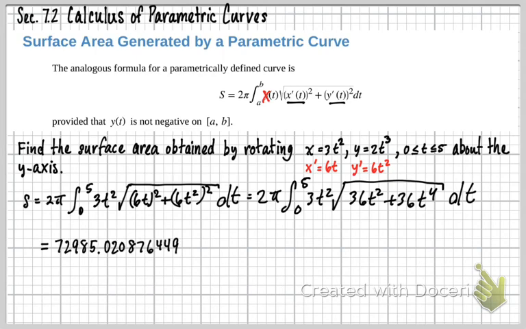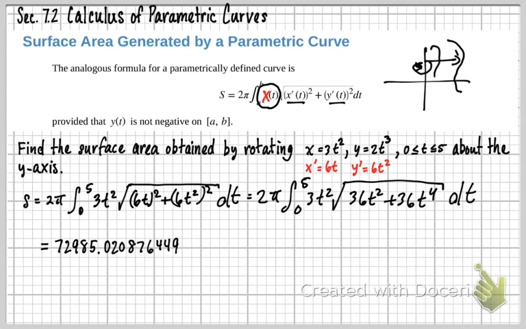So again, just keep in mind we have 2 different choices that we can pick for formulas. And remember here that we also have to think about this being an x(t) or a y(t). And then I just think about it this way. If I'm rotating around the y, I'm wondering my distance this way for my arc length.